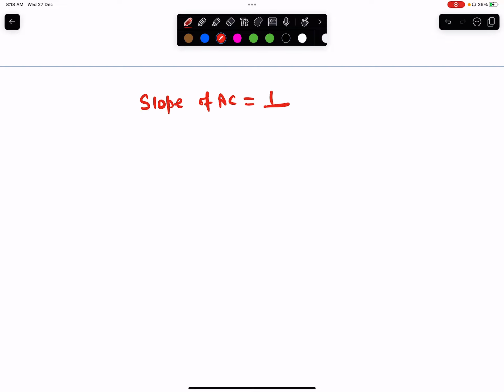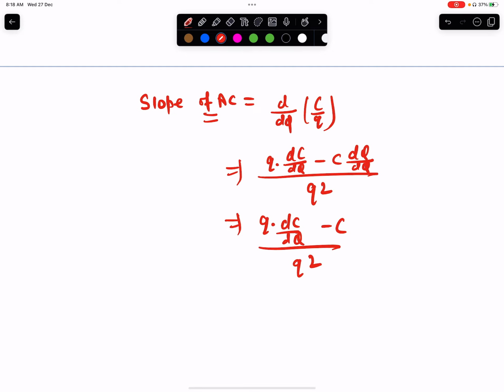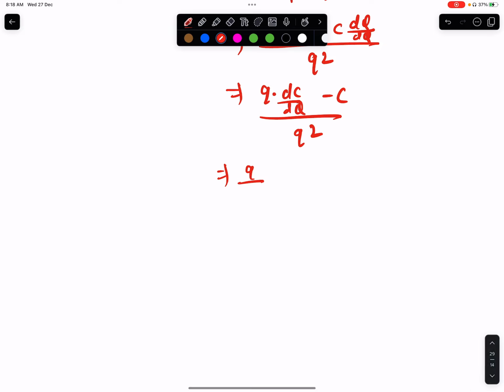So d by dq we can write as Q square. This is Q into dc by dq minus C dq by dq, that is equal to Q into dc by dq minus C by Q square. Q by Q square into dc by dq minus C by Q square.